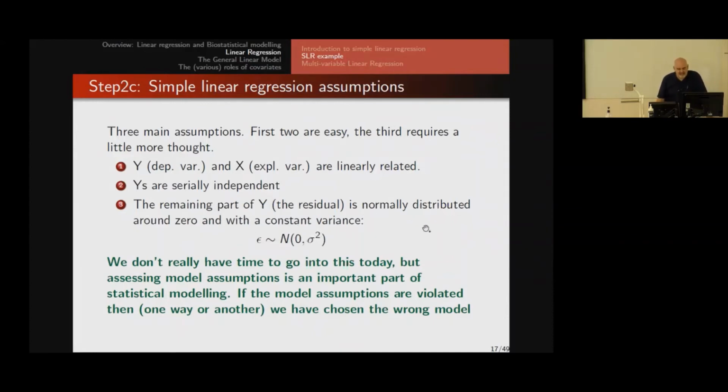So there is an assumption that the residual, the part we can't explain using our model, is normally distributed around zero with a constant variance.